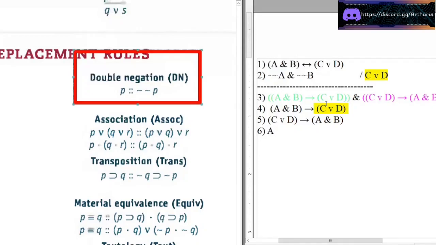Remembering logic is stupid and you have to do it one step at a time, I can write dn of 2. Then let's do it to B.